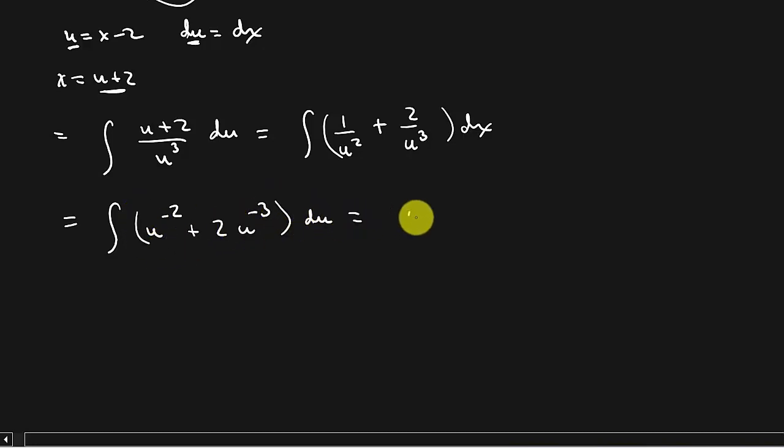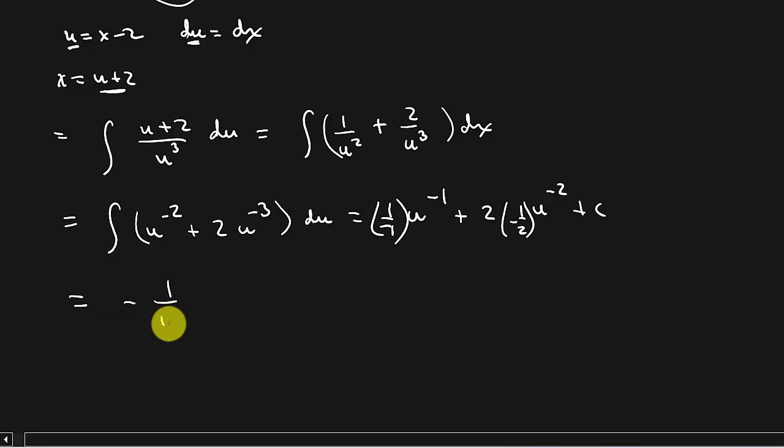So that's going to be u to the negative 1, add 1, multiply by the reciprocal of your new exponent, plus 2 times, that's u to the negative 2, right? Add 1, multiply by the reciprocal of your new exponent, plus C. And so that's going to be negative 1 over u plus, and these 2's will cancel. And it's not going to be plus, it's going to be a minus 1 over u squared.